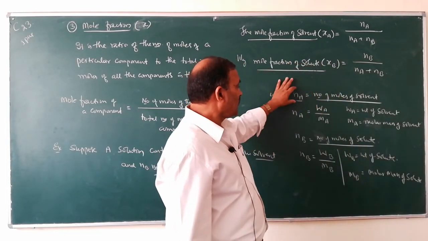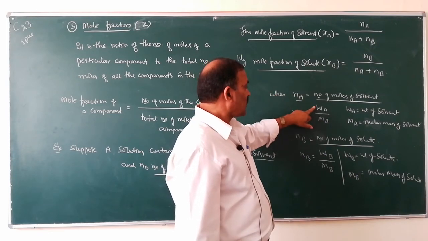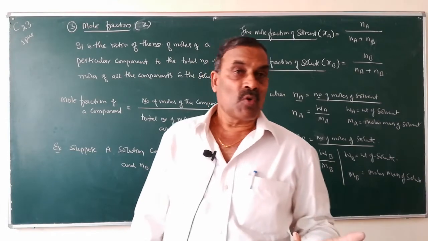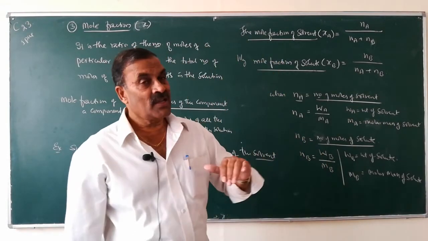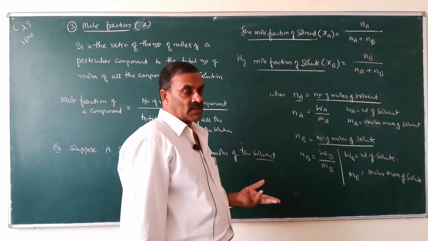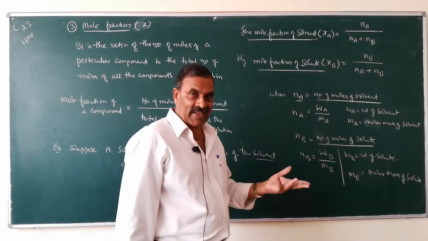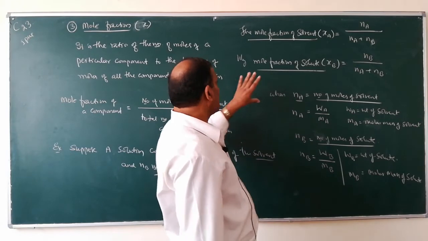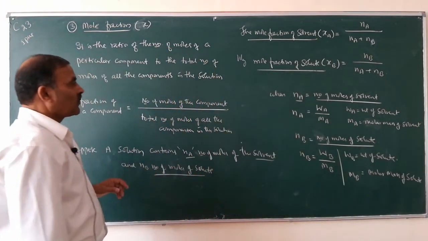To calculate the number of moles, it is weight divided by molar mass. If it is solvent, it is A; if it is solute, it is B. So this is the definition of mole fraction.